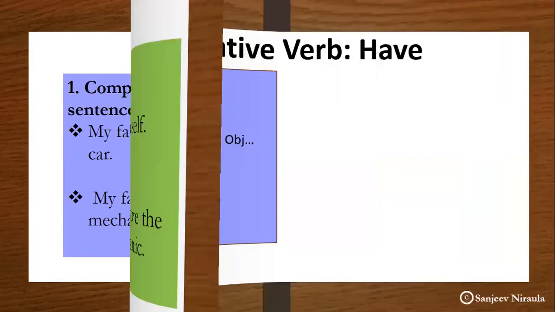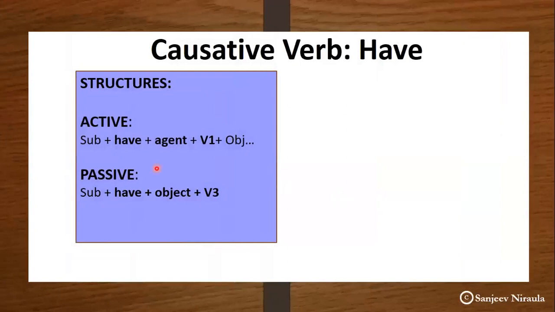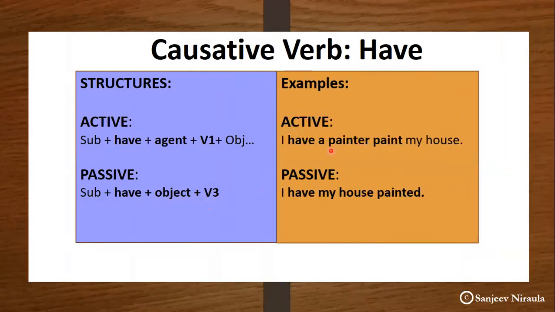What about the structure? In active form, after have, if agent is given, then we are just using the base form, that is verb 1. In passive, if agent is not given, if only object is given, then after have we are using verb 3rd. Let's see in the example. For instance, I have a painter paint my house. Painter is the person.